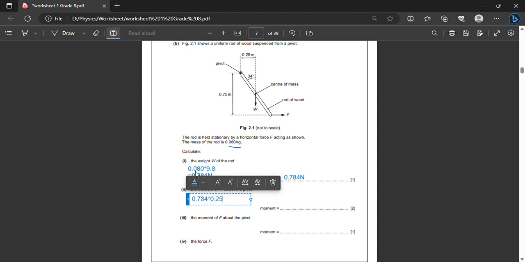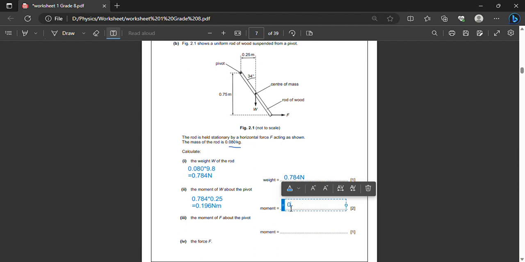So times 0.25, and when you multiply that, the final answer you'll get is 0.196 Newton meter. So the right answer here, 0.196 Newton meter.